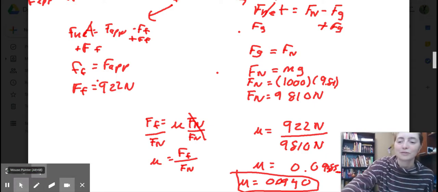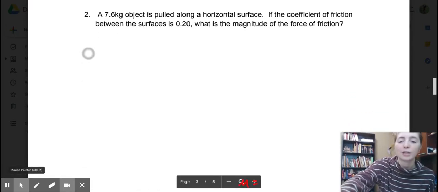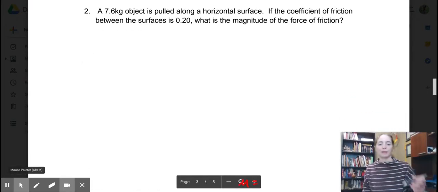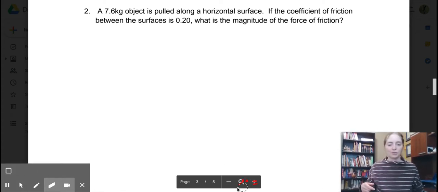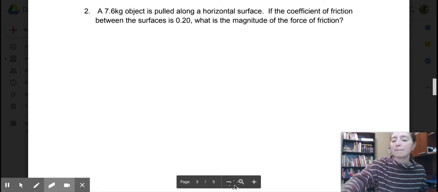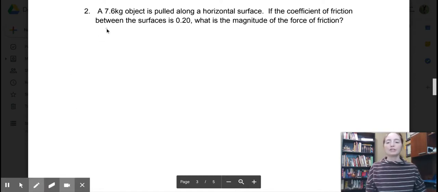Okay, let's switch over to our tool there. All right, so let's look at our next question here. So I'm just going to erase this random mu that's just hanging out there. Back to pen. Okay. So, ladies and gentlemen, a 7.6 kilogram object is pulled along a horizontal surface.